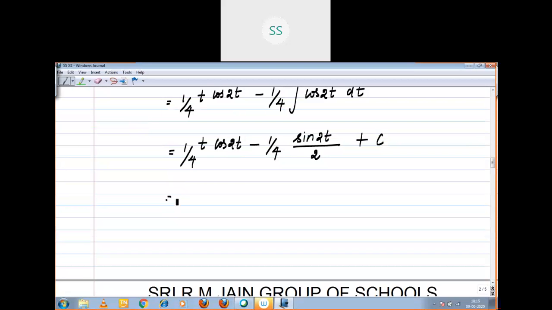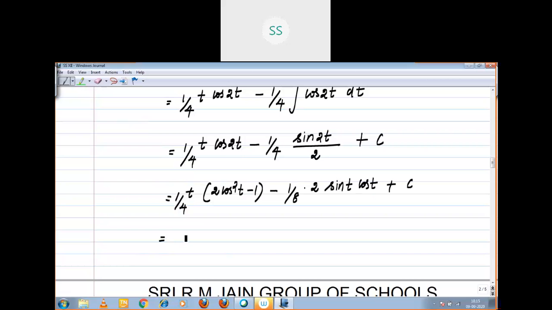Which is equal to 1 by 4 into t into cos 2t, that is 2 cos square t minus 1, minus 1 by 8 into sin 2t, which can be replaced by 2 sin t cos t, plus c. Now we understood or not, children?